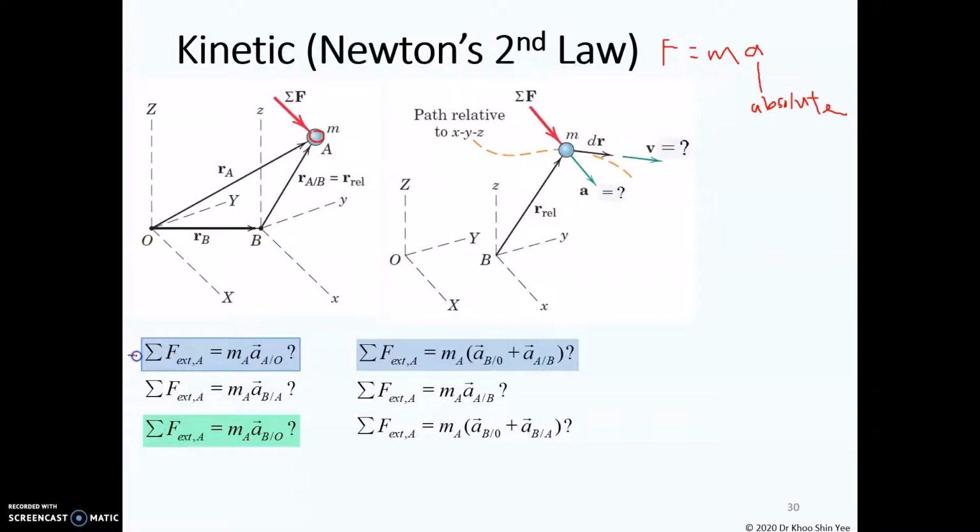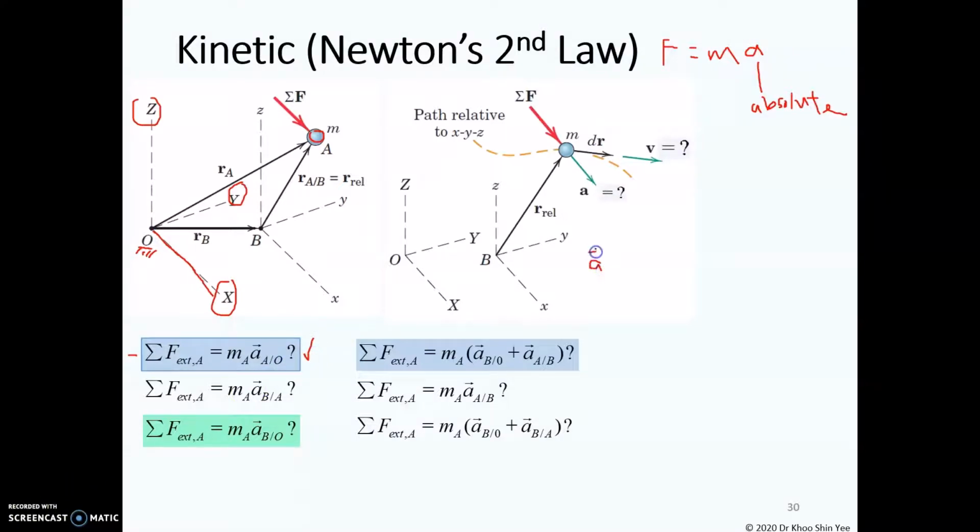For the first equation, the acceleration is measured at point A with respect to O here. So at O, you have the label X, Y, Z in capital. Therefore, this is an inertial frame, the frame is fixed, and the acceleration measured from O here is absolute. So this equation is valid.